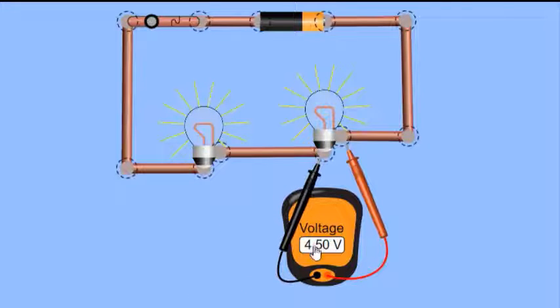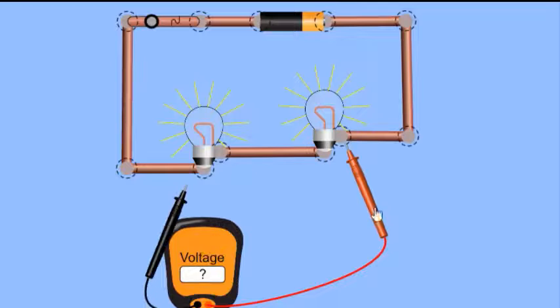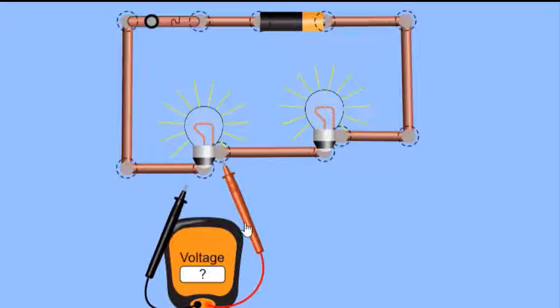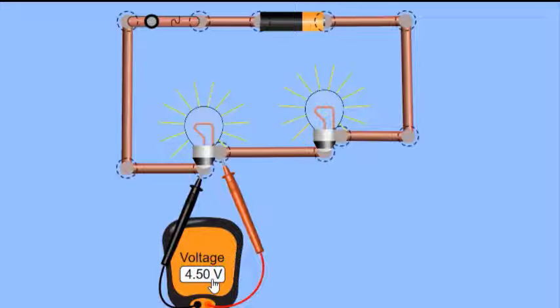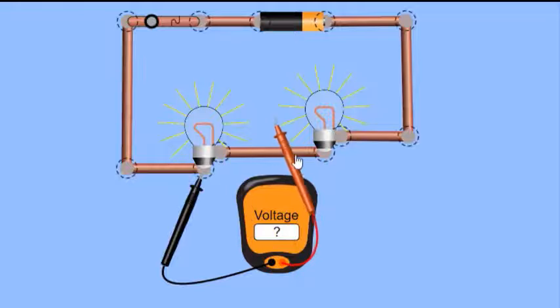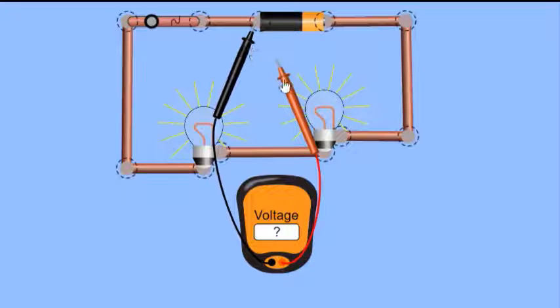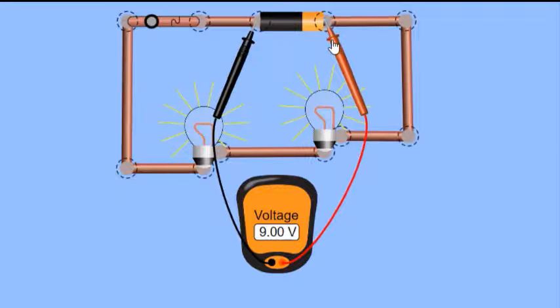So the voltage of this lamp is 4.5 volt. For the second lamp, the voltage is 4.5 volt. What about the voltage of the dry cell? The voltage of the dry cell is 9 volt.